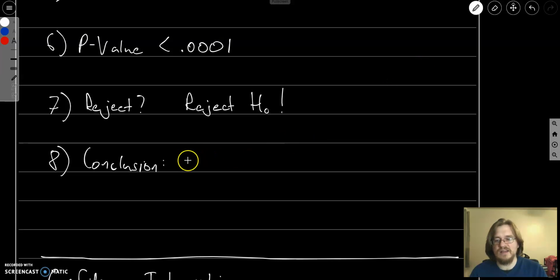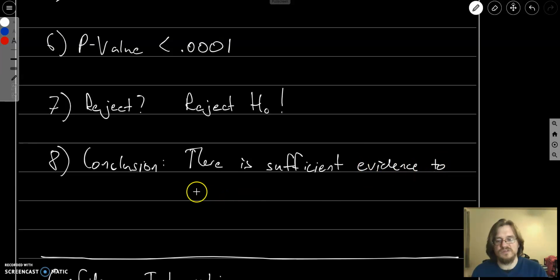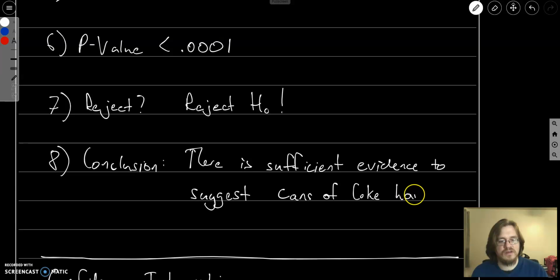So our conclusion is that there is sufficient evidence to suggest cans of Coke have less liquid on average.